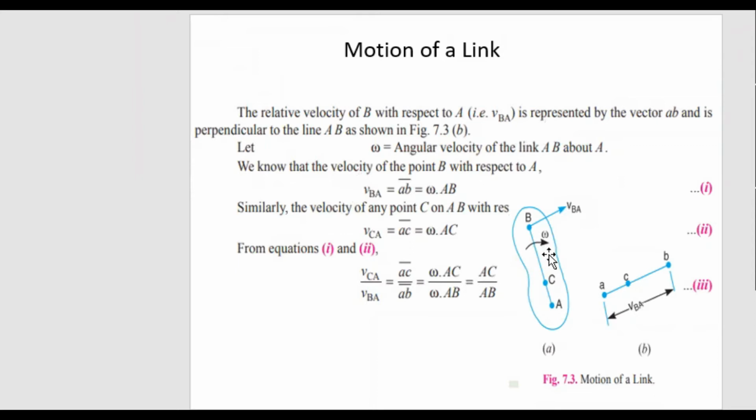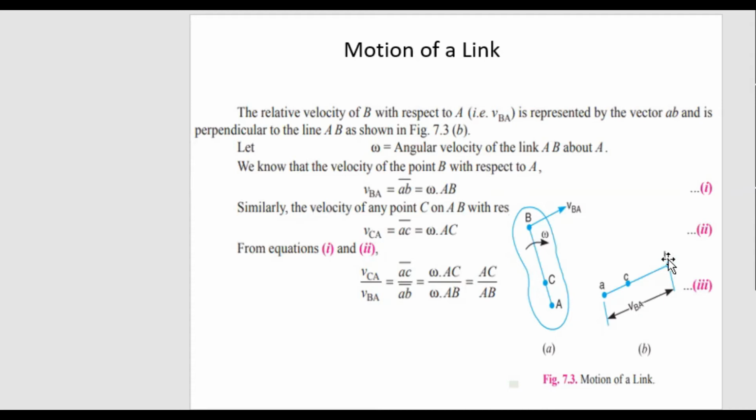We know that the velocity of the point B with respect to A is VBA. This is the velocity of point B with respect to point A, which is given by the length AB and direction. Here direction and length are important. VBA is in this direction, and is equal to AB bar.